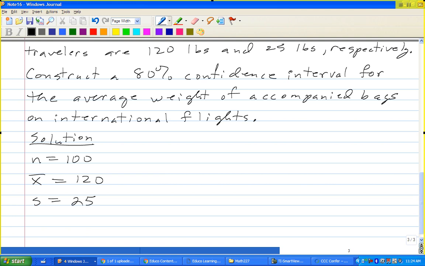And I want to construct an 80% confidence interval for estimating the true population mean.